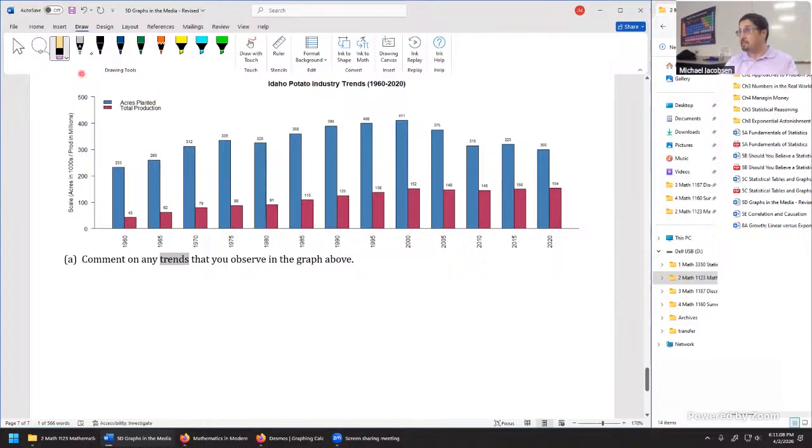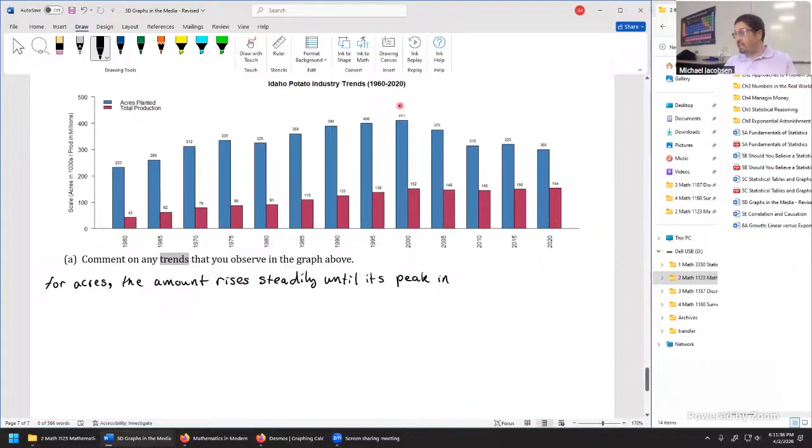So anything along those lines that you mentioned would be a good way to observe a trend for acres. So we could say for acres, the amount rises steadily until its peak. This was 2000, Idaho had the most acreage planted for potatoes.